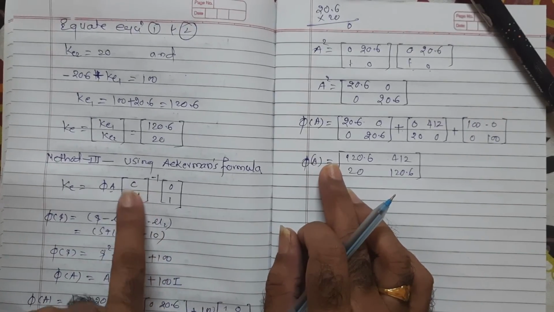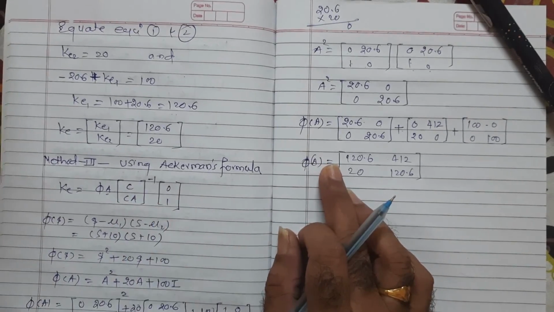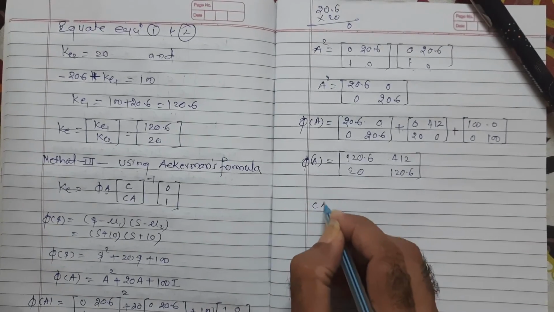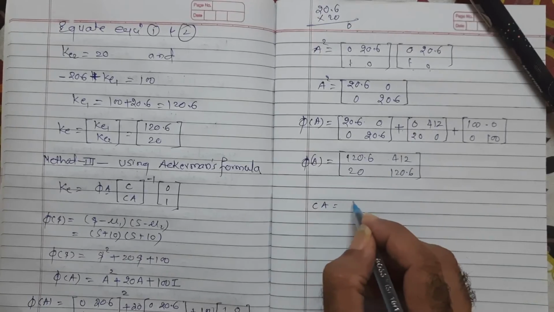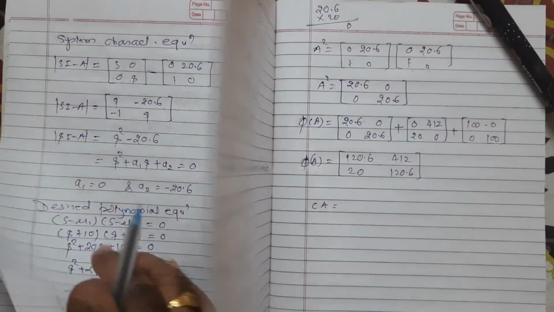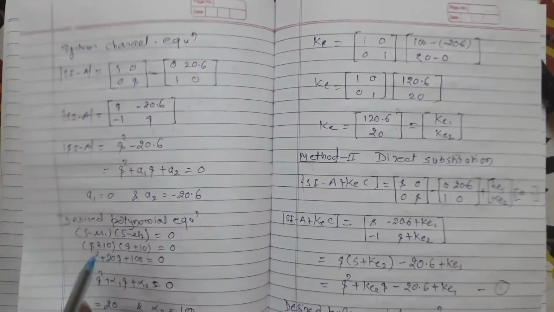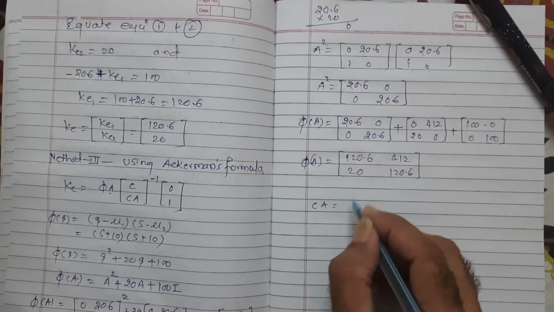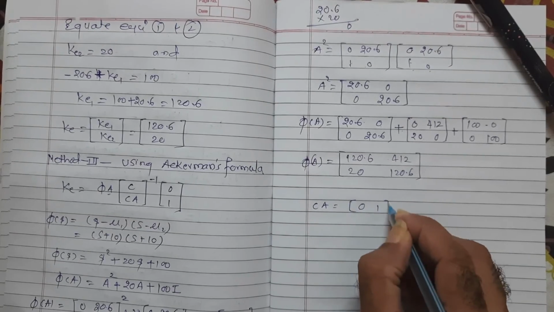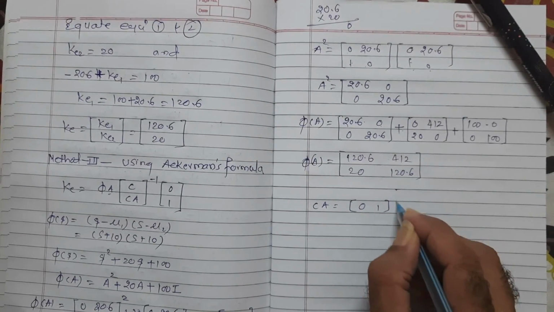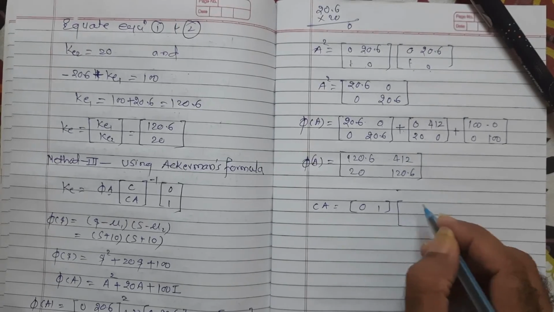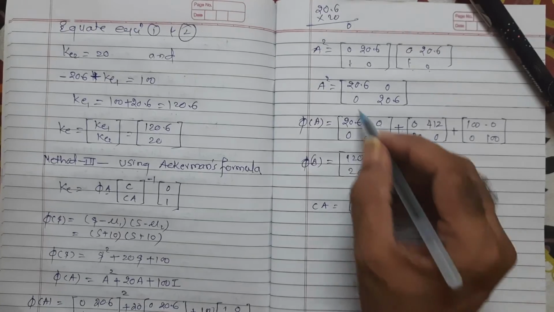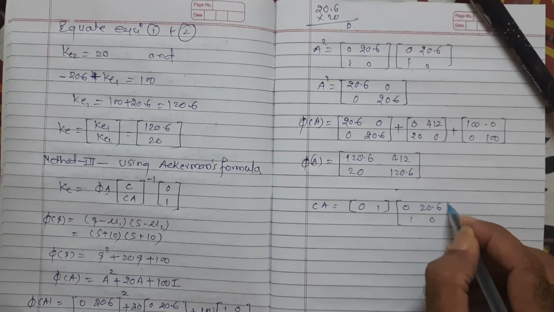Now we will find out the C and CA inverse. Now we will find out the CA. C is [0, 1] and A is [0, 20.6; 1, 0].